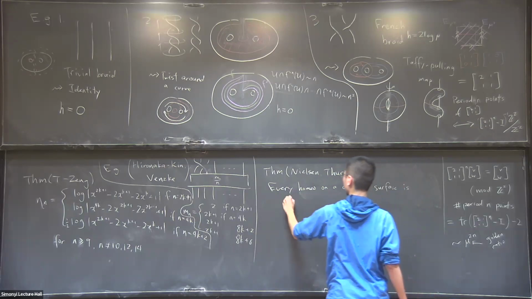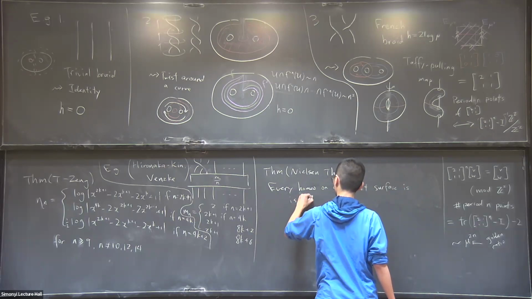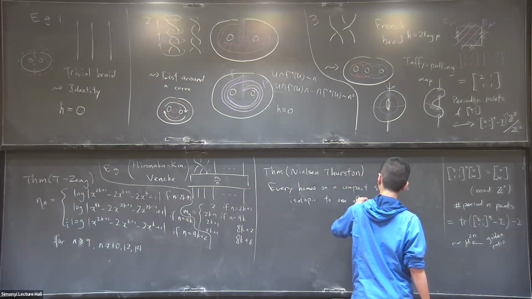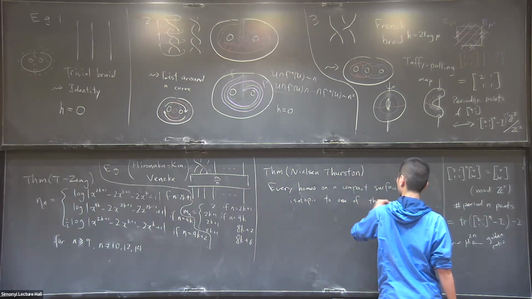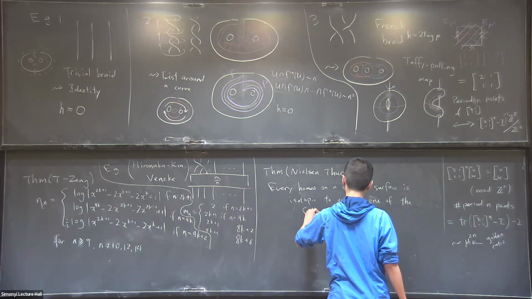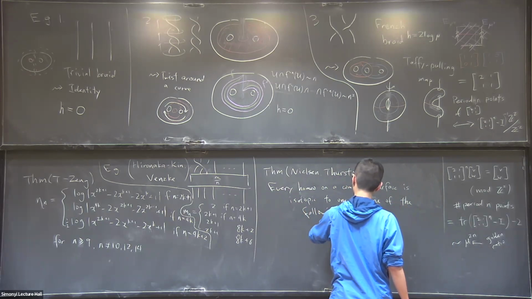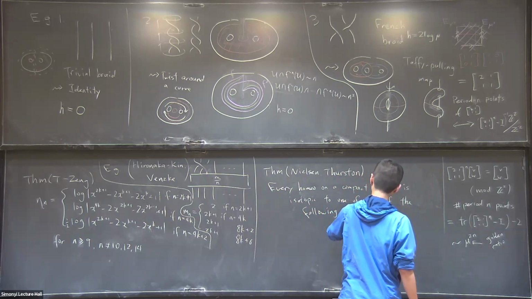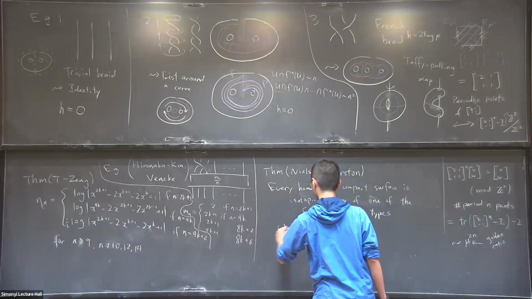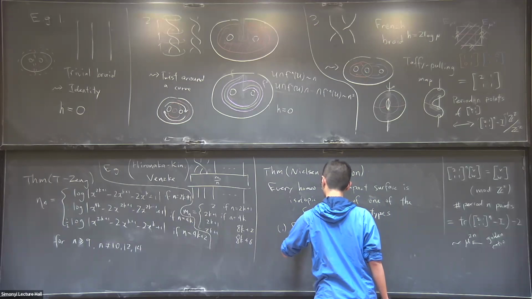is isotopic to one of the following three types. So your homeomorphism, up to isotopy, is either finite order.